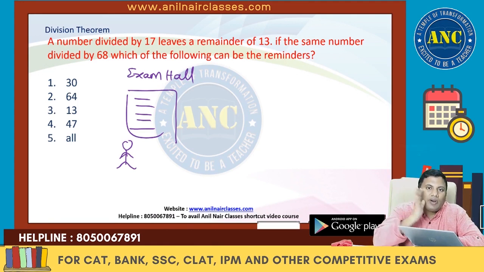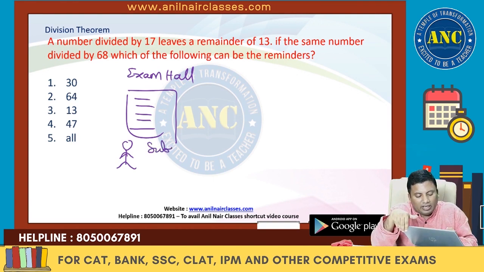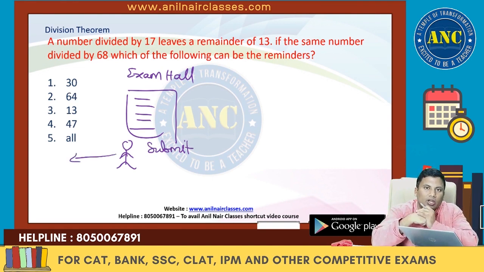In the last 1 minute, when the invigilator says time up, you just clicked on the submit button and left the examination hall. Now my question to you, did you attempt the paper? You attempted the paper. Did you attempt any questions in that paper?